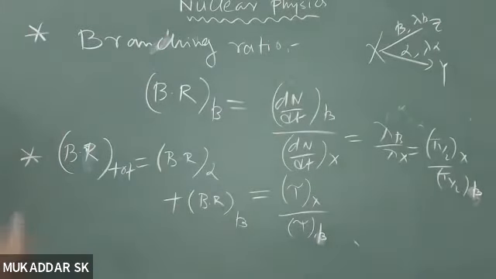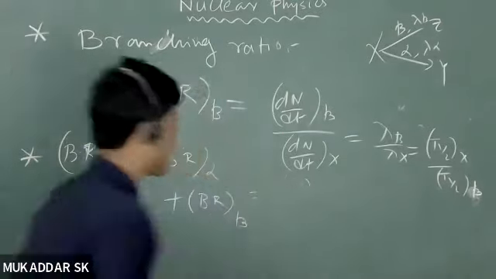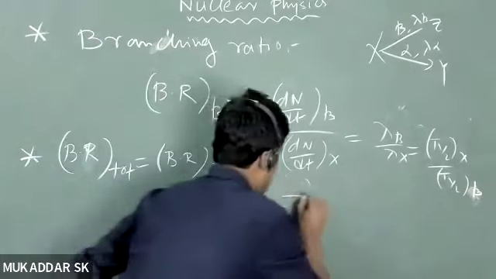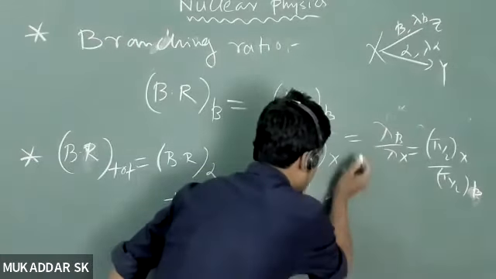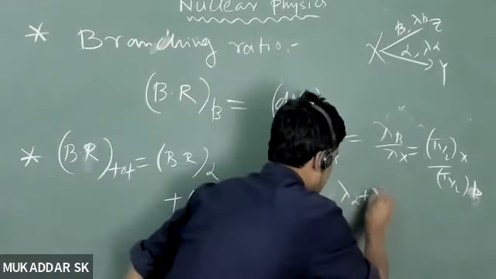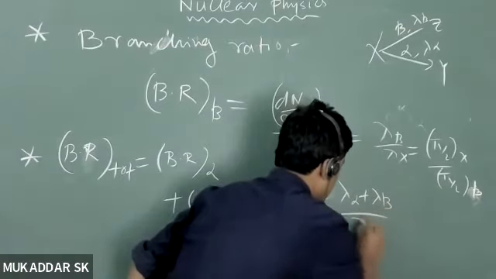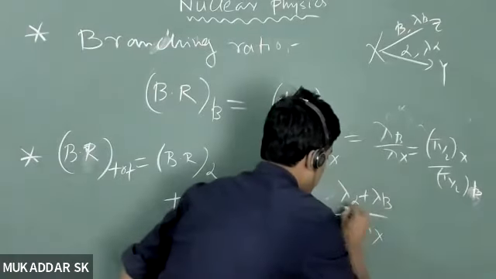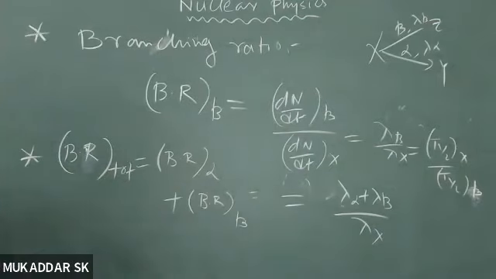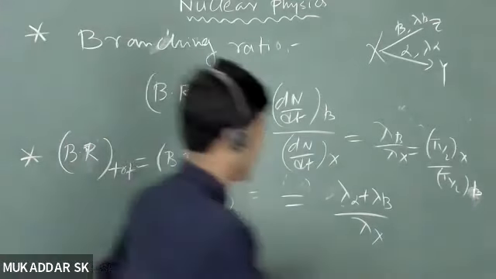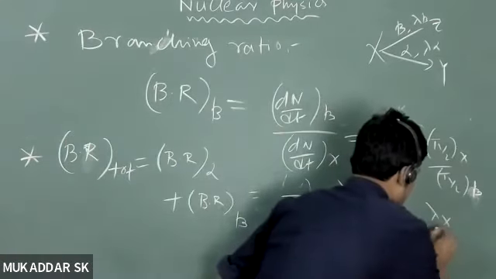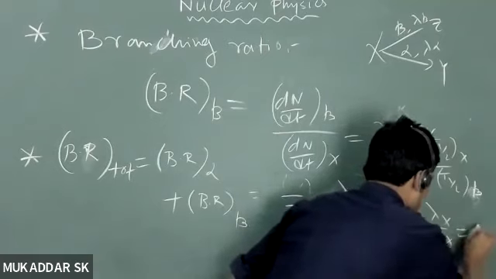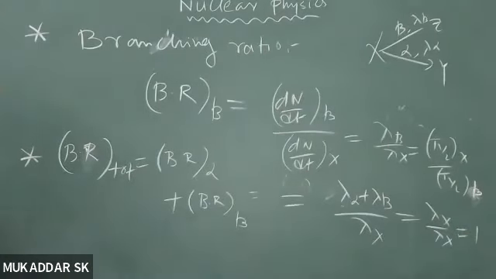If you have gamma, then you have to consider gamma also. But if you sum, the total branching ratio will be lambda alpha plus lambda beta by lambda x, and we have seen that lambda alpha plus lambda beta is nothing but lambda x. So lambda x by lambda x will be unity. So the total branching ratio will be unity.